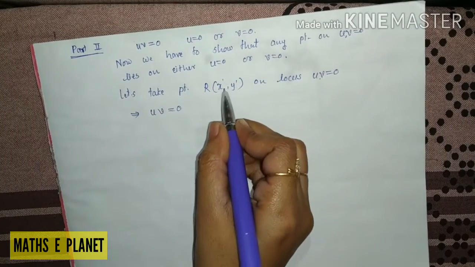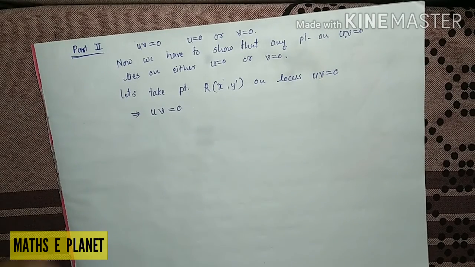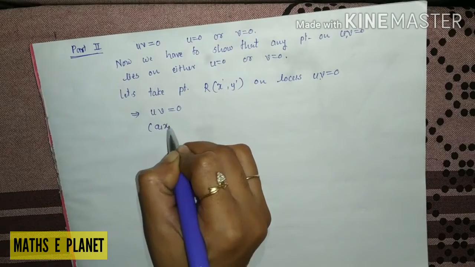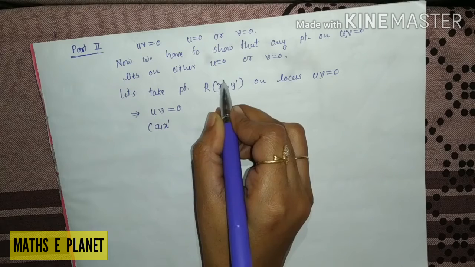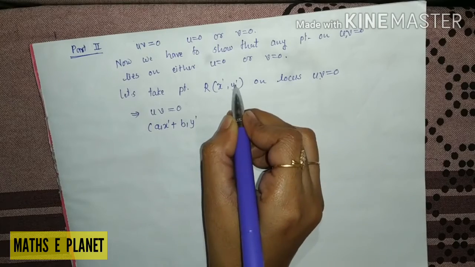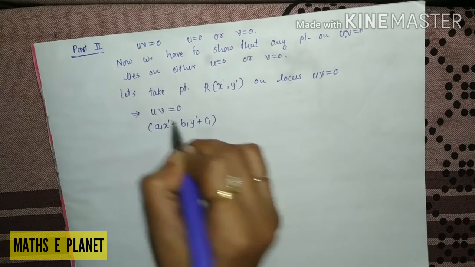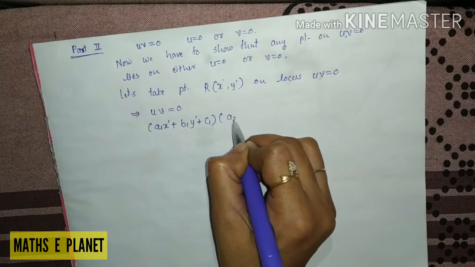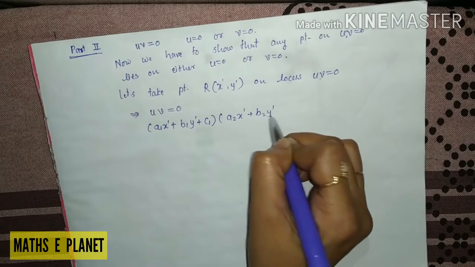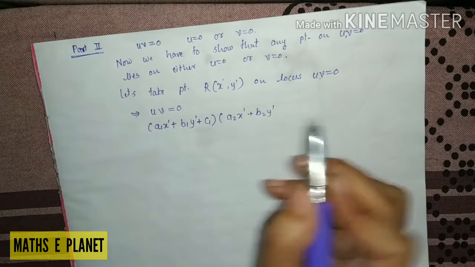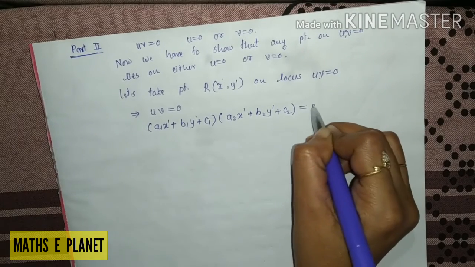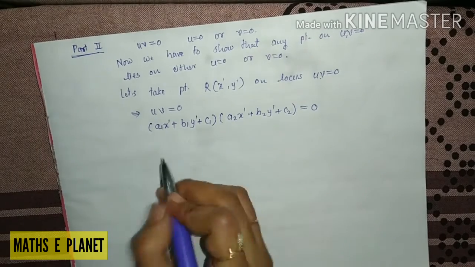We can put the values of these coordinates in this equation: equation of u is a1 x dash plus b1 y dash plus c1, equation of v is a2 x dash plus b2 y dash plus c2, equation of u times equation of v is equal to 0. We are just putting the values in the equations.